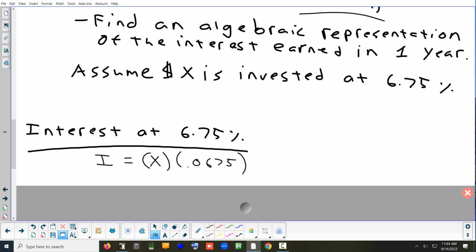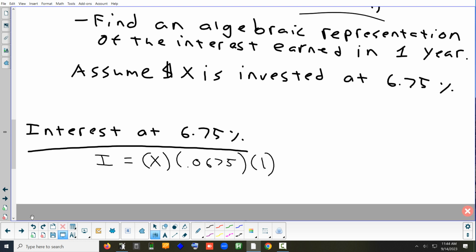And what's the time? 1 year. So we don't even really need that. So the interest that Bill is going to make in the 6.75% account, if we write this kind of like a y equals mx plus b equation, it'd be 0.0675x.